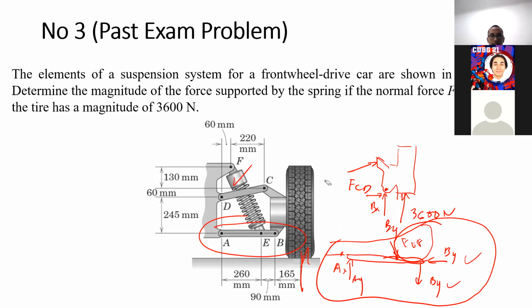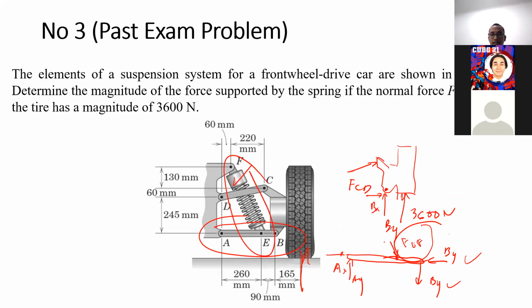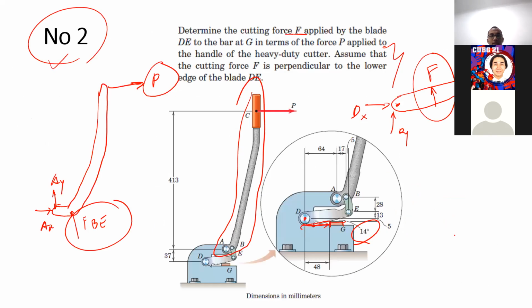Beside that, this one as well, we know that FE is a two force member. That's why I put FEF here instead of EX and EY. This one as well. Just now, Rafi had a problem with this. BE is a two force member, although it's slightly curving, right? But BE is a two force member.